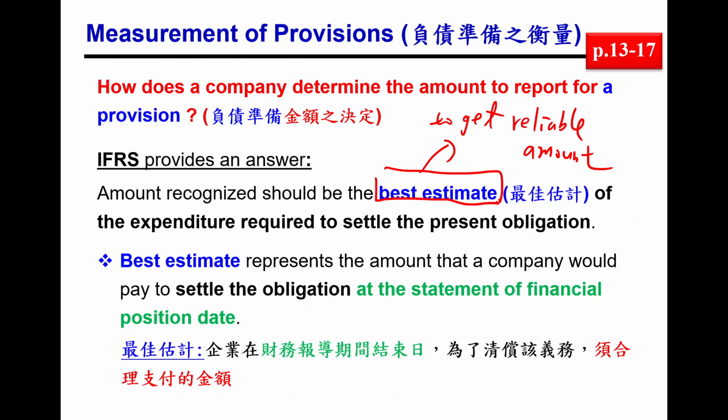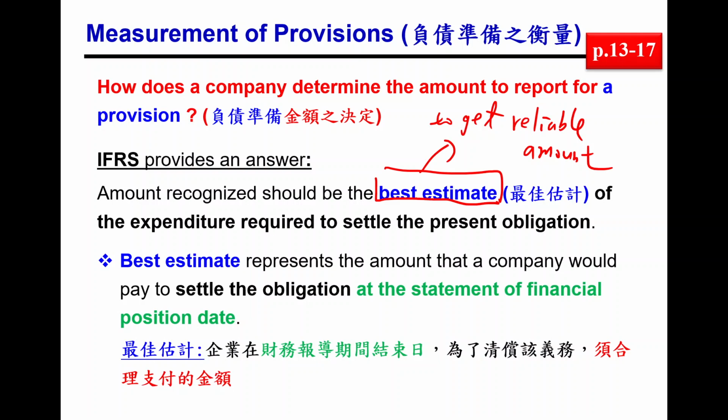And here, another point I want to mention. Did you find out, try to get your best estimate at which point of time? The financial statement date. Why? Because this is the date we are going to prepare financial statements, right? So this is the date when you try to report the situation on financial statements.